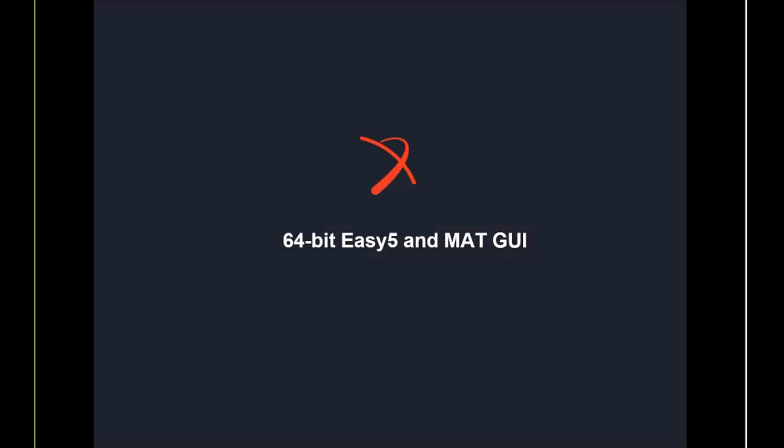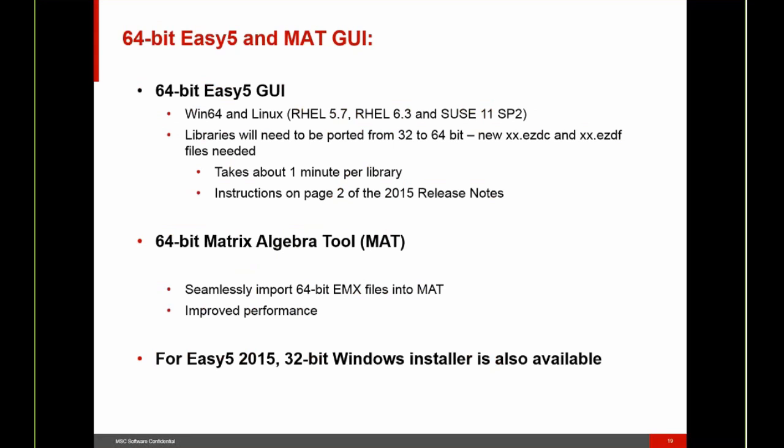Next, I'll briefly talk about the 64-bit GUIs, which are available with Easy5 2015. Now, in previous versions of Easy5, even though you could create 64-bit model executables or export 64-bit DLLs from Easy5, the GUI itself was 32-bit.